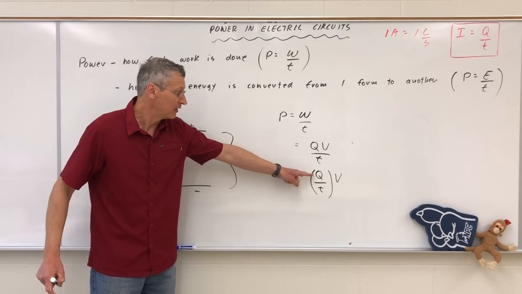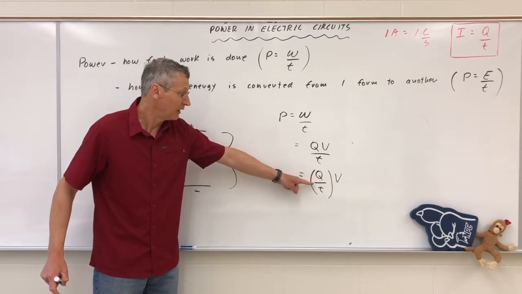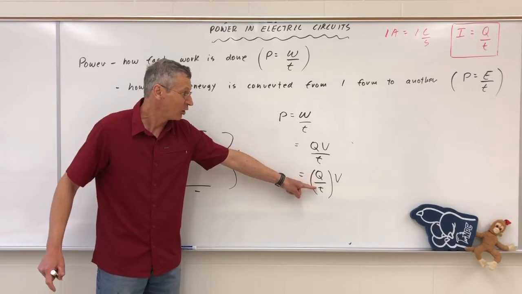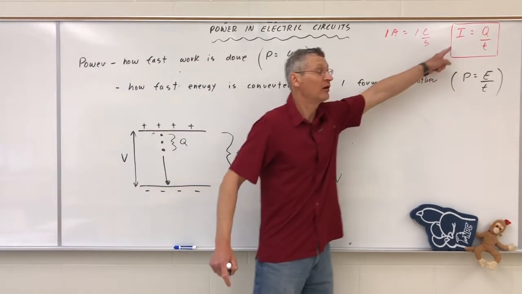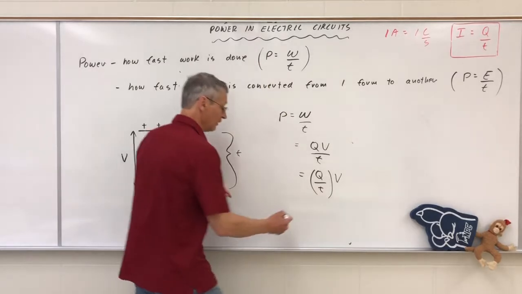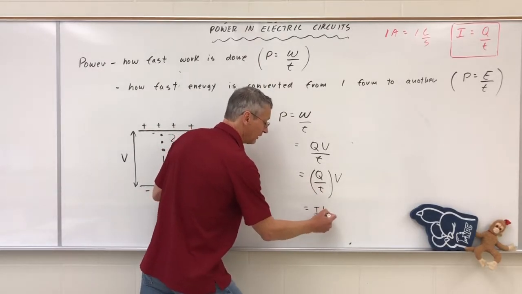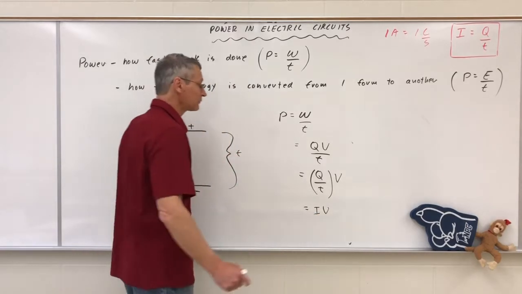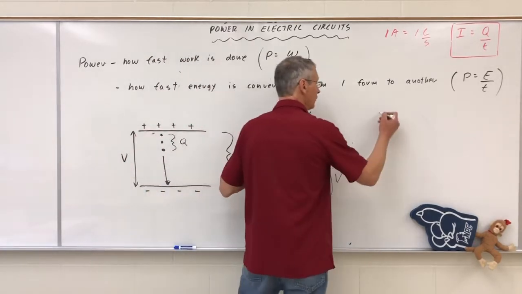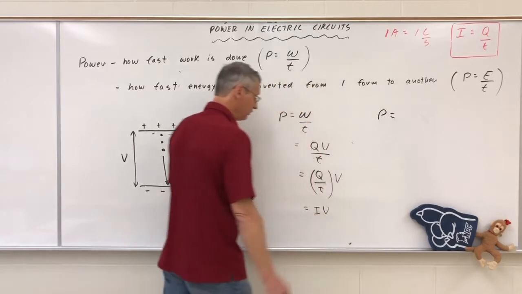And remember that charge divided by time, how much charge is flowing divided by how long it takes to flow, that's the current, right? Charge divided by time, that's current. So if you want to figure out power, there's how you do it.